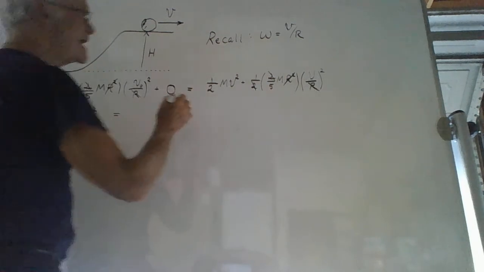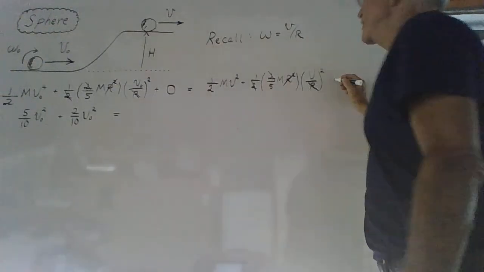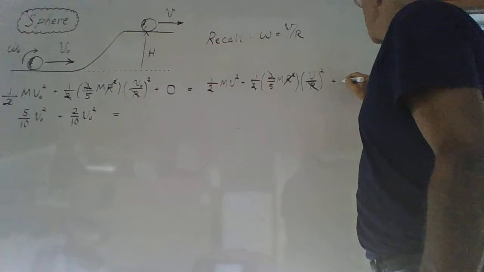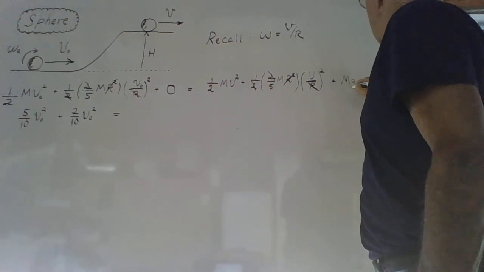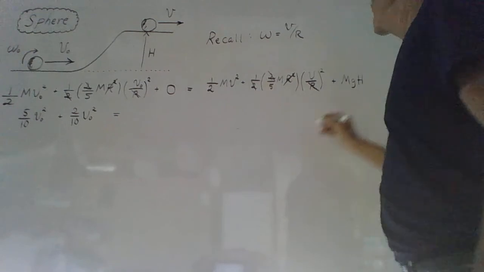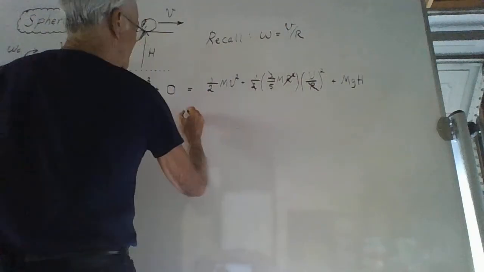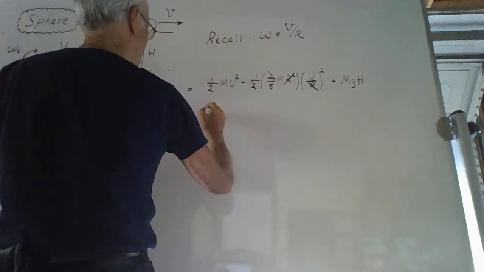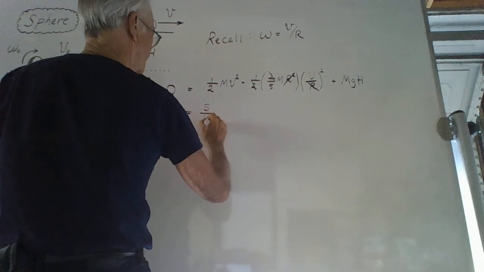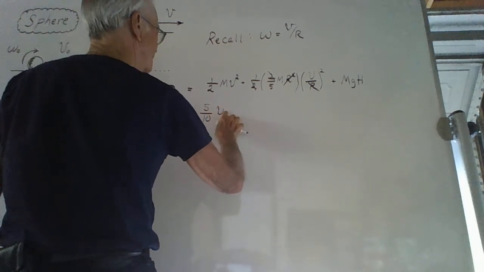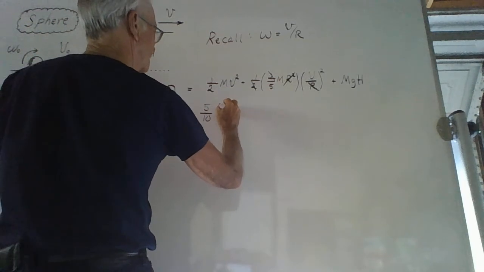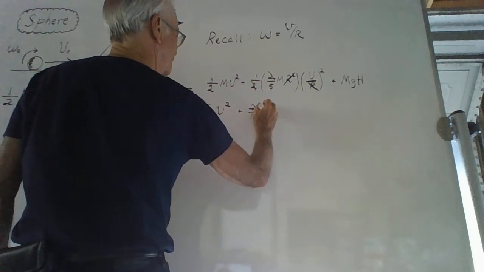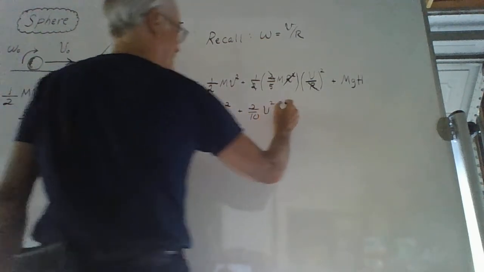But let me not write down that until I correct a problem here. I failed on the right-hand side to take into account the gravitational potential energy, which is mgH. All right, the right-hand side then again is 5/10 plus 2/10 times v squared and an mgh.